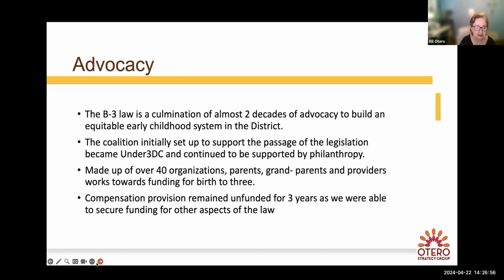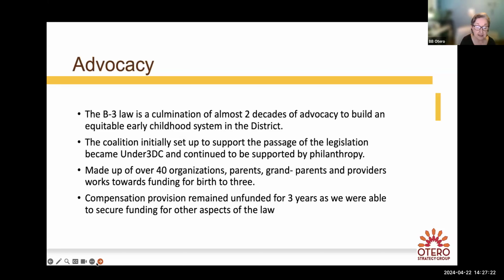The coalition initially set up to support the passage of this legislation includes a host of folks. I'll talk about this in a little bit, and philanthropy, which is really a key piece here because philanthropic dollars have much more flexibility than public dollars. And so we were able to tap those, especially on the advocacy side and getting the legislation.